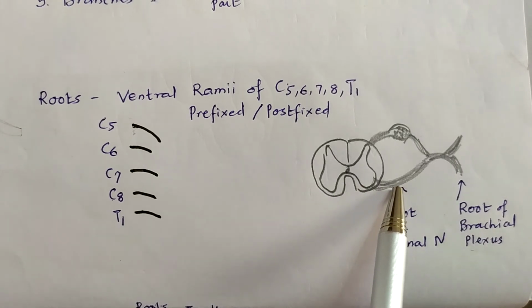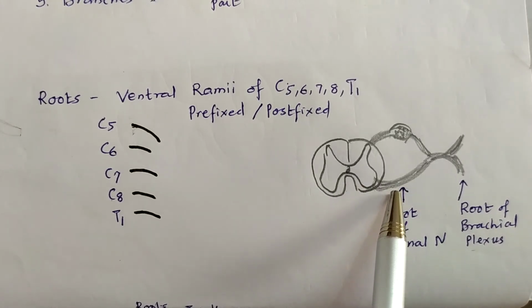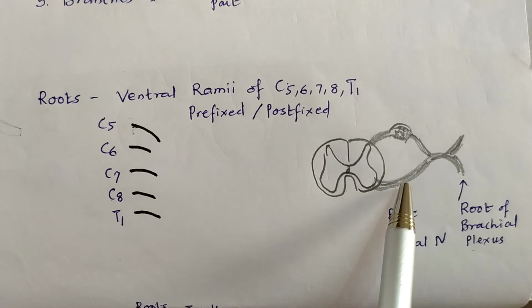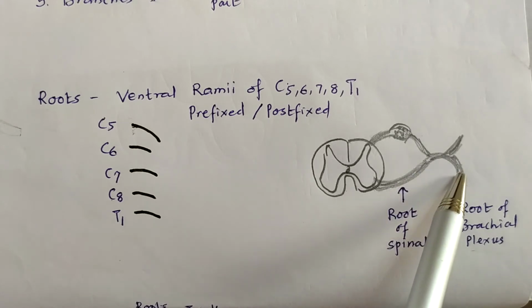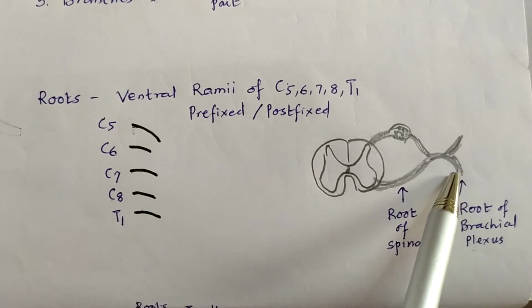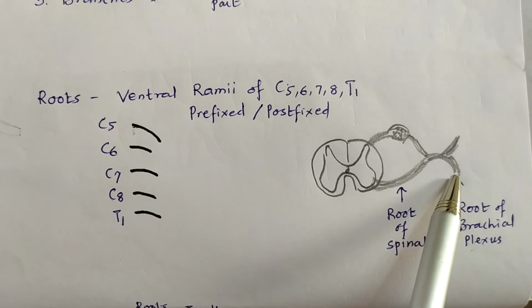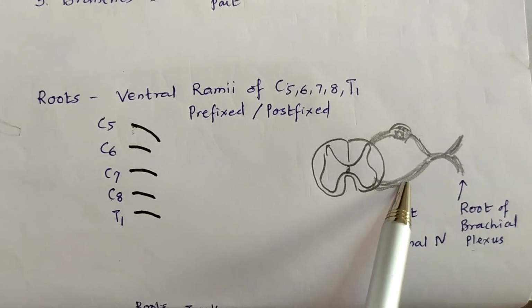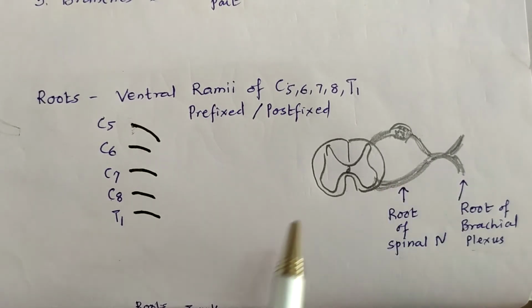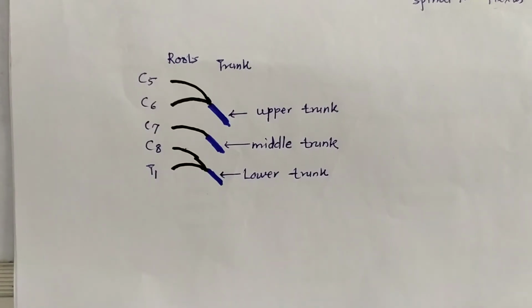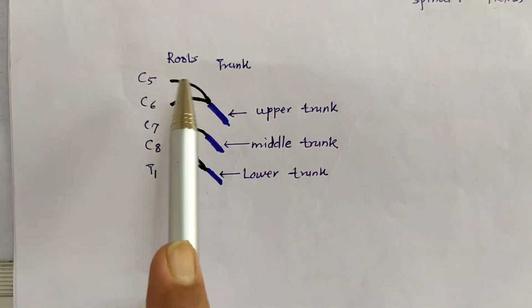The ventral root of the spinal nerve is different from the root of the brachial plexus. Root of the brachial plexus is formed by the ventral ramus, not by the ventral root of the spinal nerve. The roots join to form trunks.